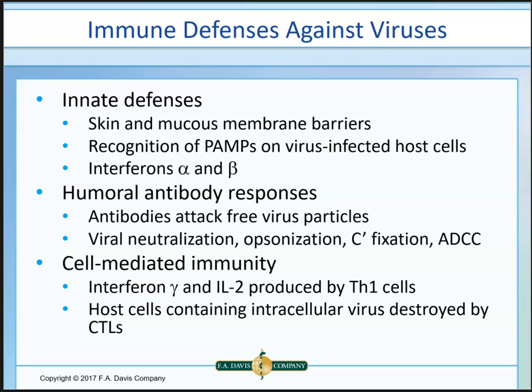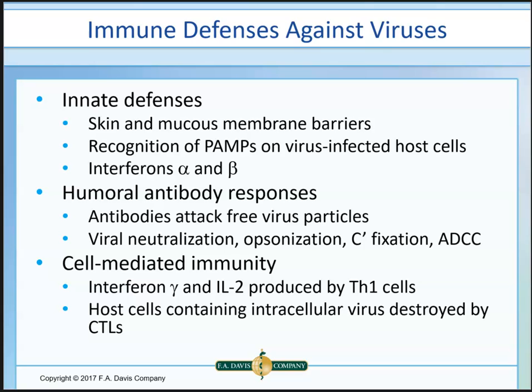The humoral antibody responses: antibodies will attack only free virus particles. So what do the antibodies actually do? They opsonize them. Sometimes they can neutralize them. They can allow complement to fix on them to help destroy them, or they can do ADCC, which is antibody-dependent cell-mediated cytotoxicity.